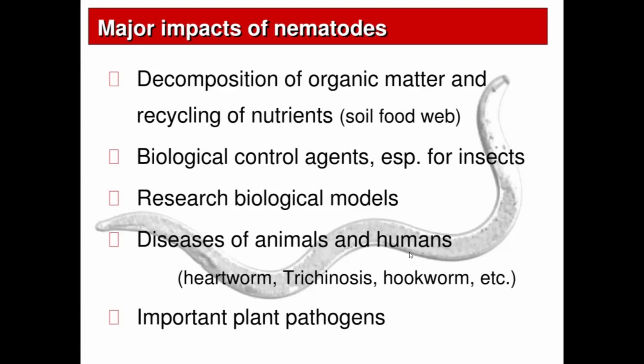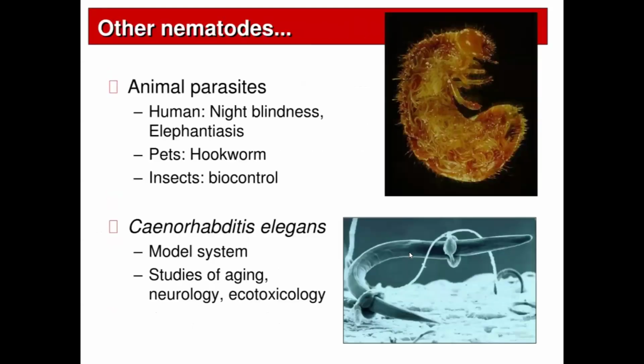Yes, there are also important plant pathogens, no doubt. For the animal parasites, as I said, they can result in night blindness, right? Elephantiasis, and it's crazy. In our pets, hookworm; in insects, they can be used as control. See this picture here. You will see some things inside the insect.